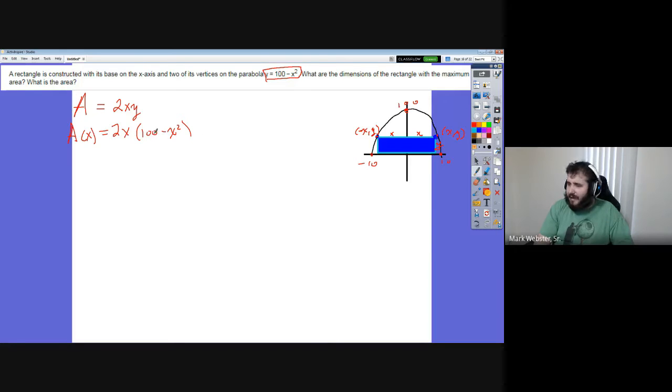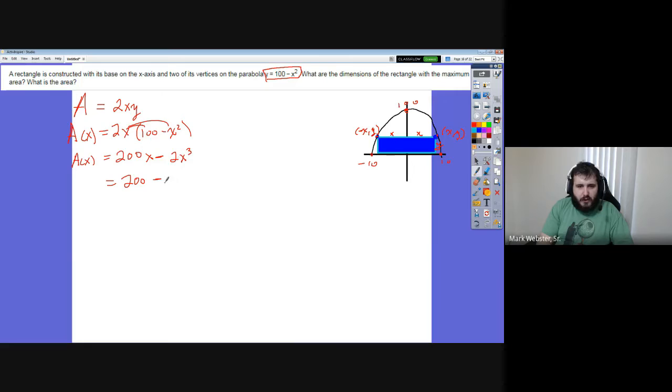And once again, like before, I am going to distribute because I don't want to have to do the product rule, or chain rule for that matter. So I got 200x minus 2x cubed. And now I'm going to solve for the derivative equal to 0. So let's take the derivative. 200x, the derivative is 200.